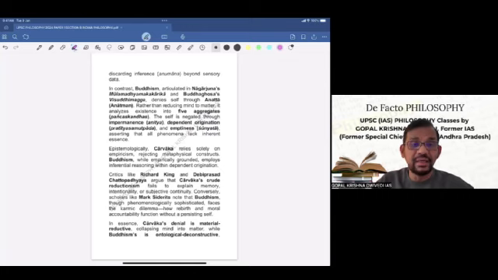It analyzes existence into five aggregates, that is panchaskandhas. The self is negated through impermanence, that is anitya, and dependent origination, that is pratityasamutpad. All these are important doctrines in Buddhism.